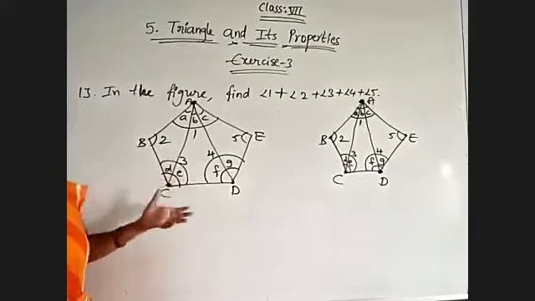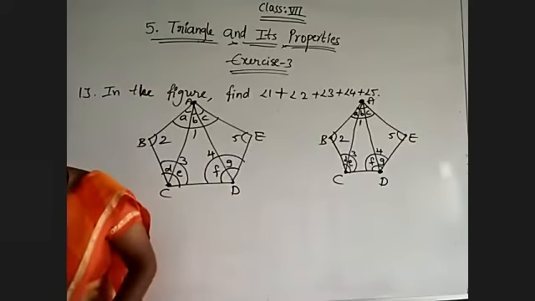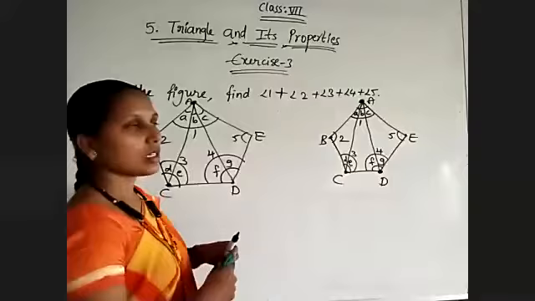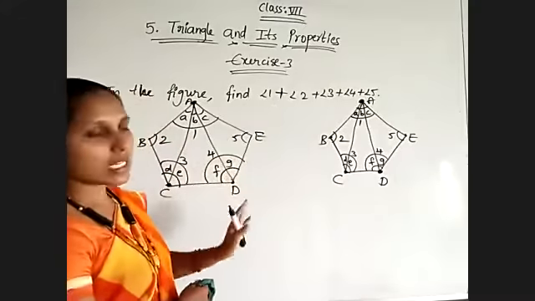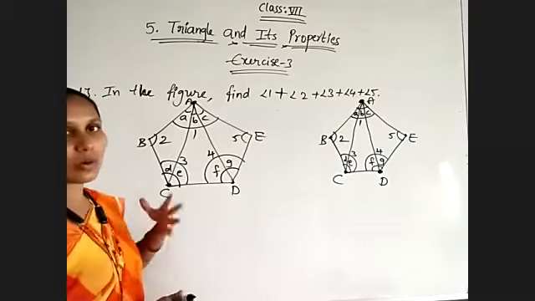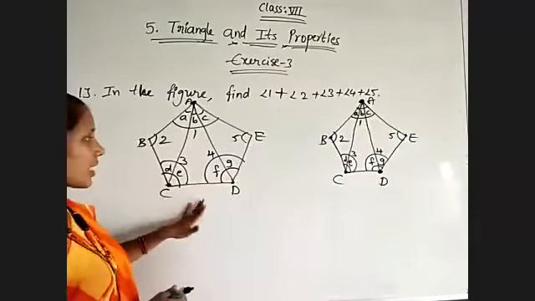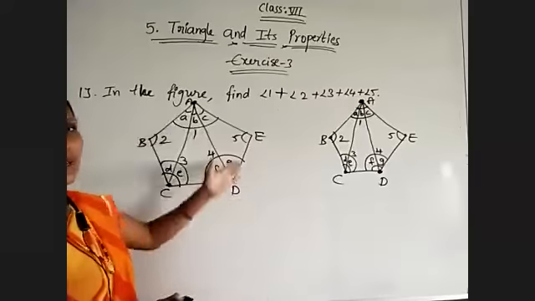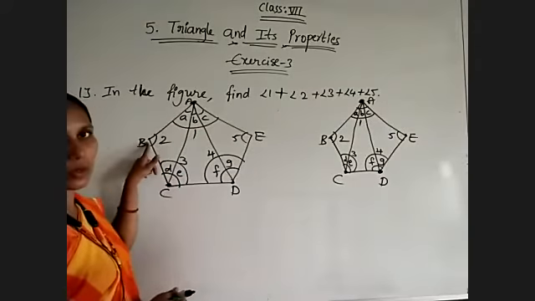Just observe here, this construction is very, very important. Actually, they are given only a pentagon because we have to find the sum of the angles of that pentagon. That's why we don't know how to simplify for a pentagon. What we know is only for triangles. So I am dividing the pentagon into triangles by joining the diagonals from A. If you don't want to join from A, you can take B also, no problem.